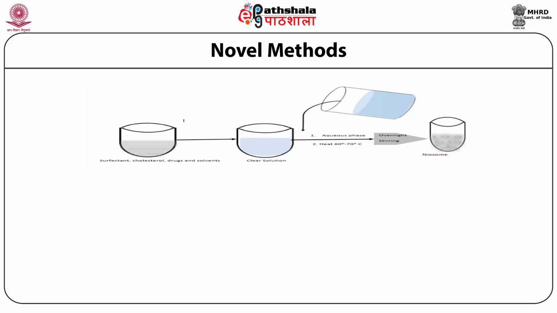If required, an additional volume of organic solvent can be added at this stage. Once optimal slurry consistency is obtained, the preparation is subjected to further heating at 60 to 70 degrees centigrade. This results in the formation of a proneosomal gel.